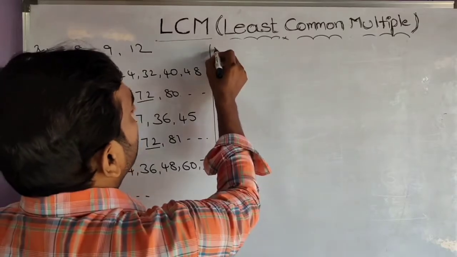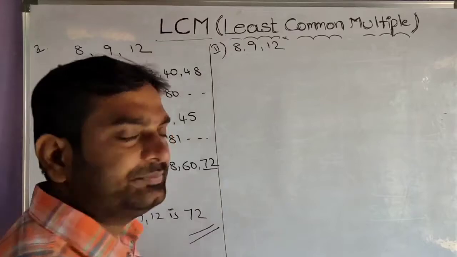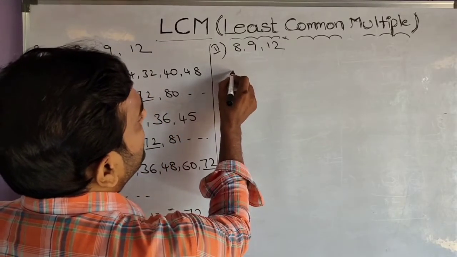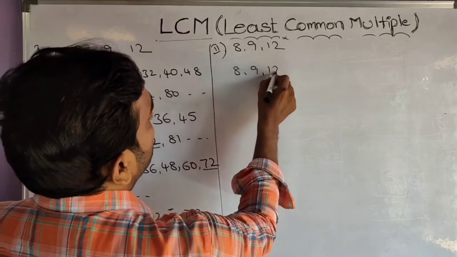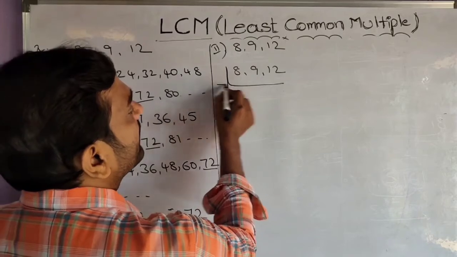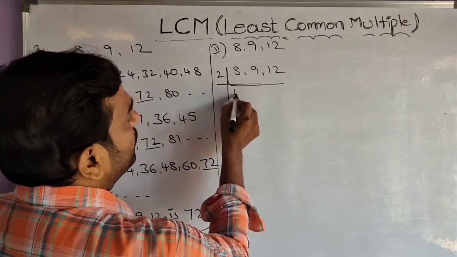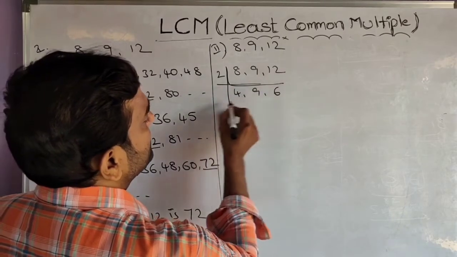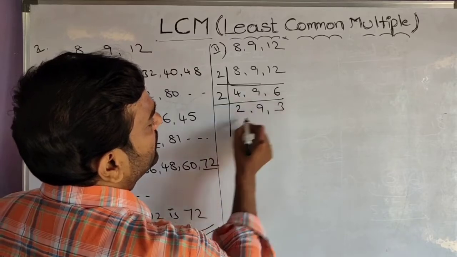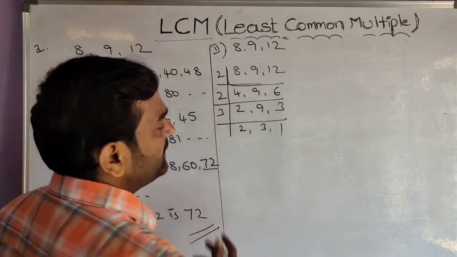In another method, we can find LCM of these three numbers only, 8, 9, 12. We know short division method. How can you find LCM by short division method in this pattern? Divide with 2: 2 fours are 8, 9, 2 sixes are 12. Again divide with 2: 2 twos are 4, 9, 2 threes are 6. Now divide with 3: 2, 3 threes are 9, 3 ones are 3.